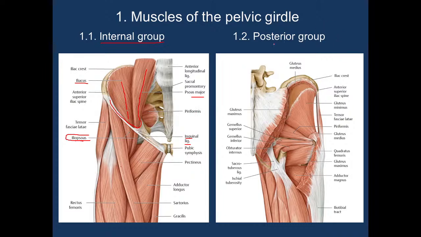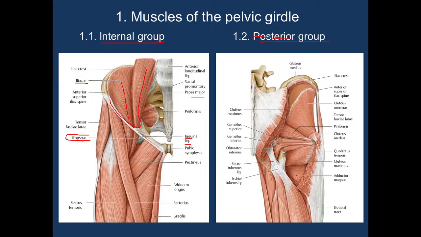And the posterior group, sorry, it's not posterior, this is external, it is a mistake. External group of the pelvic girdle muscles located on the back and on the dorsal surface of the pelvis, and this group has more muscles than the internal group.